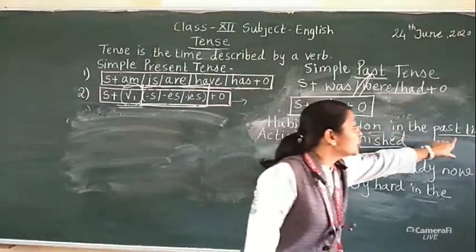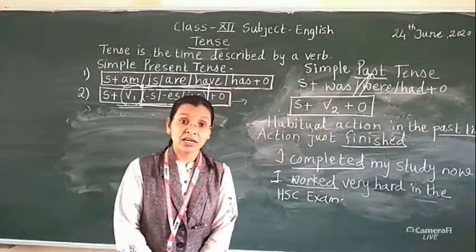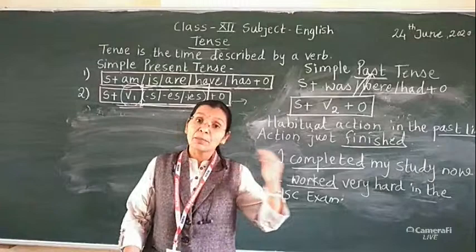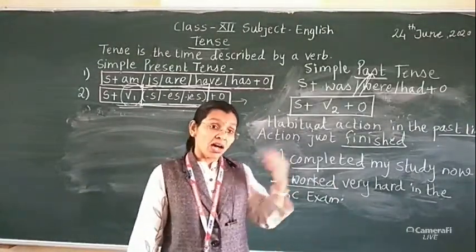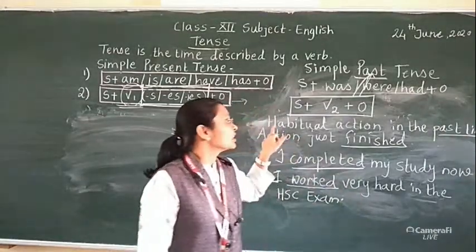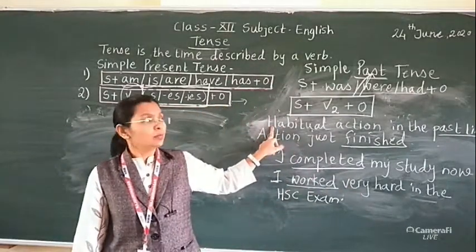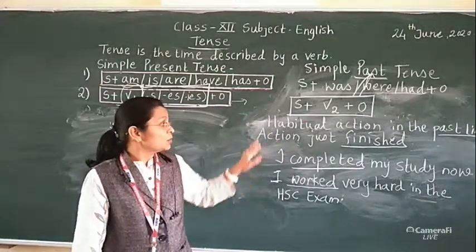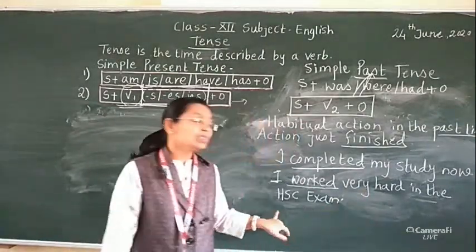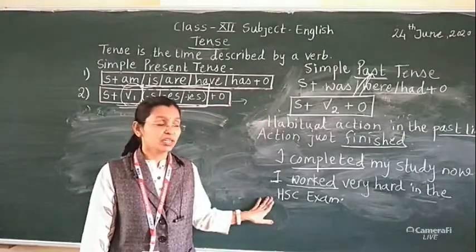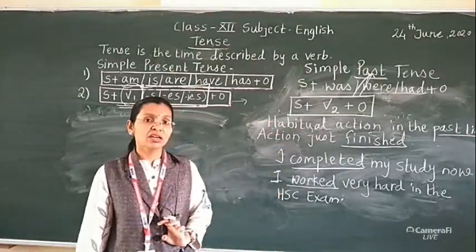What it should be? It should be in the past time. जर एखादी सवय असेल आपली आणि ती आता पास्ट टेन्स मध्ये असेल, म्हणजे ती आता आपण करतोय का? नाही, पण या आधी आपण ते खूप केलेले असेल, तेव्हा आपण कोणता टेन्स यूज करतो? Habitual action in the past. Habitual action. Okay, so I worked very hard in the HSC exam. So it indicates the habitual action in the past time.